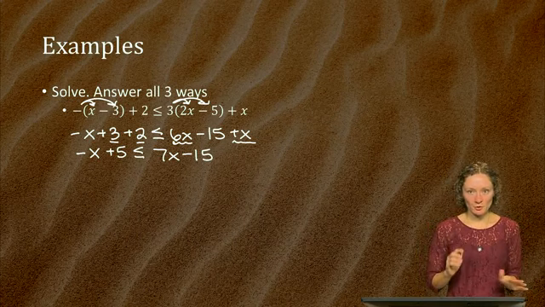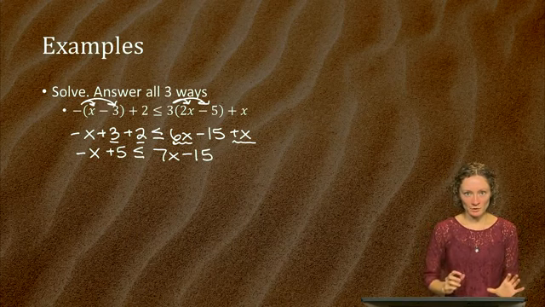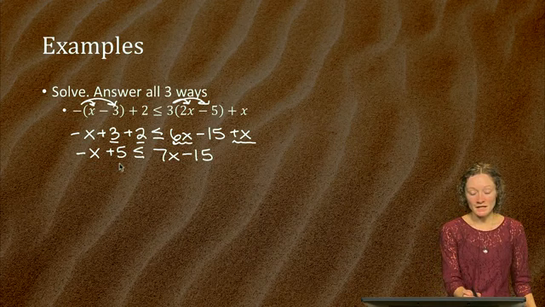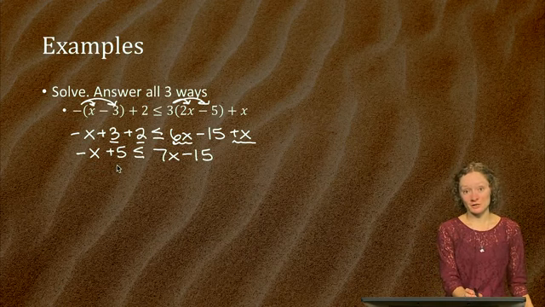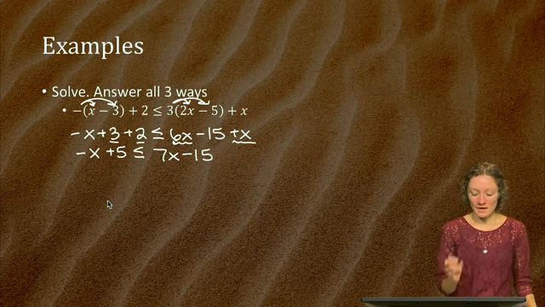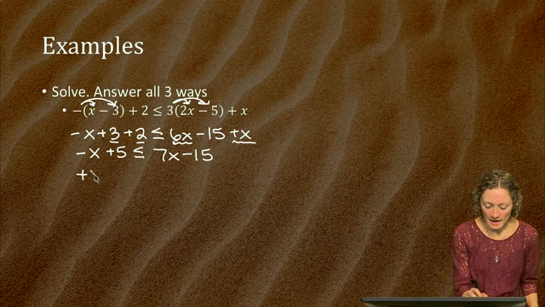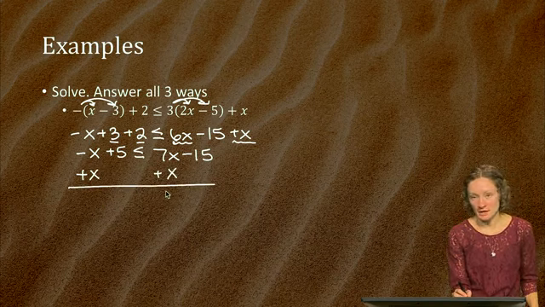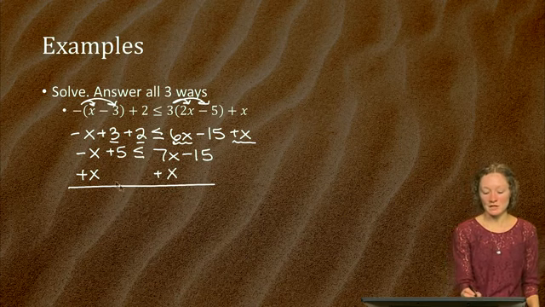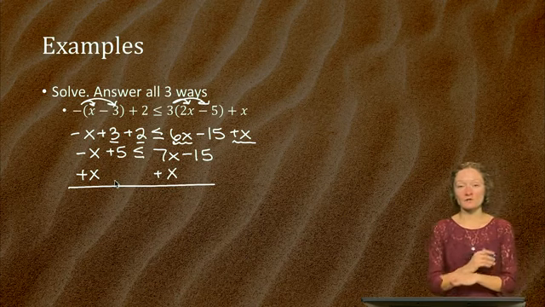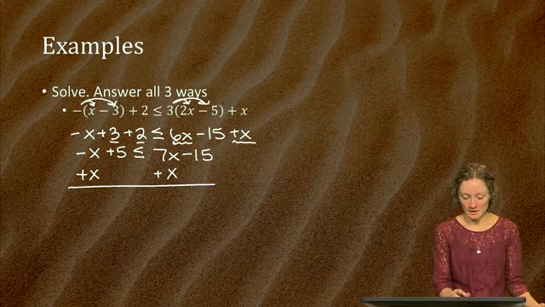Now add, subtract things to both sides. The goal is to get the variable on one side, numbers on the other. In this case, the truth is there's 4 good ways to start this problem. I'm going to choose to add x to both sides. If you chose to subtract 7x, add 15, or subtract 5 from both sides, all of those are perfectly fine first steps here.